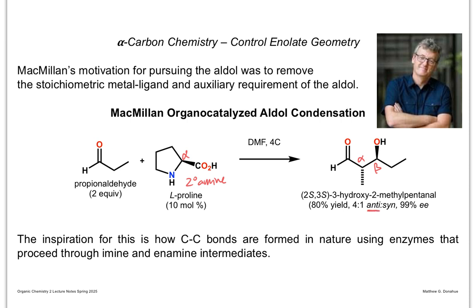Notice now it's the anti. Also notice the elements of proline are not incorporated into that product, right? So because it's a catalyst, it does something, it goes away and it gets recycled.